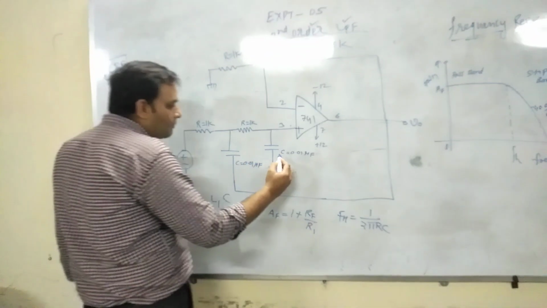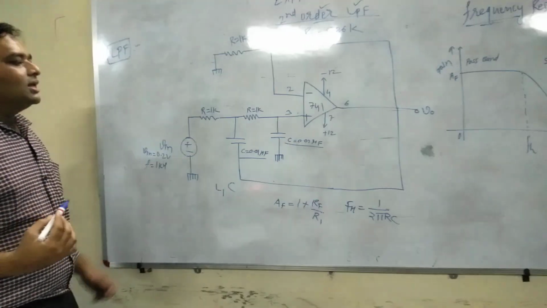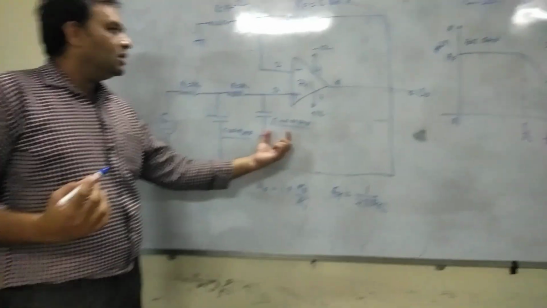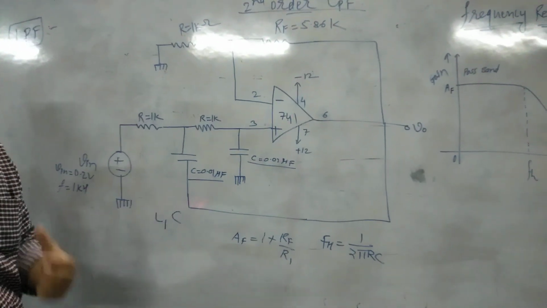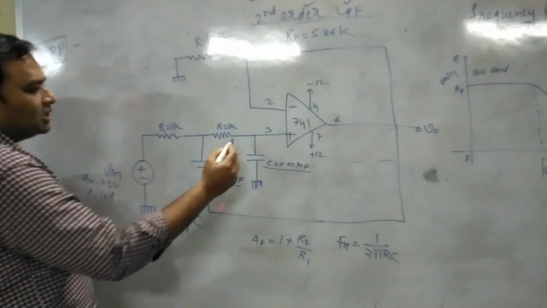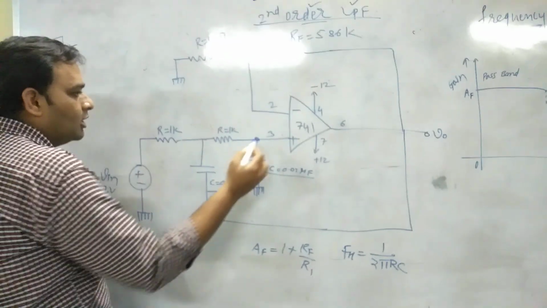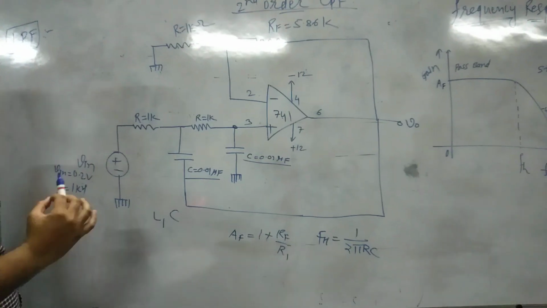So I am having two capacitors in my network, that's why I am calling this circuit a second order low pass filter. My RC network configuration is connected to the non-inverting input terminal of the operational amplifier.